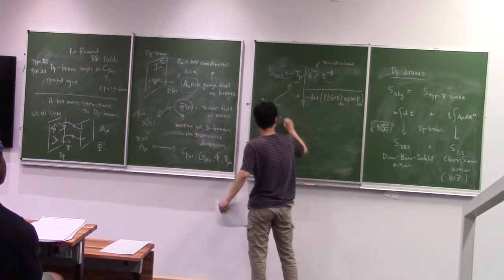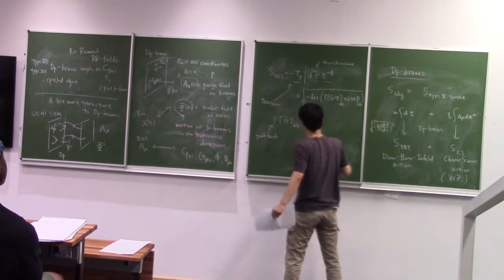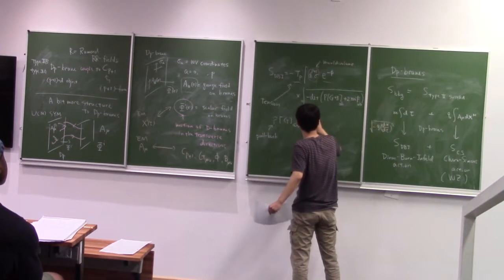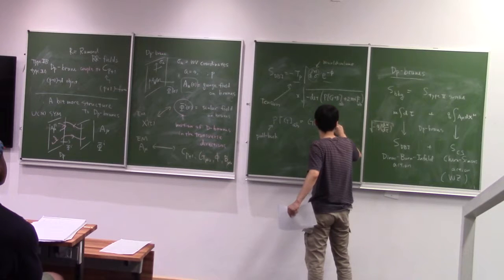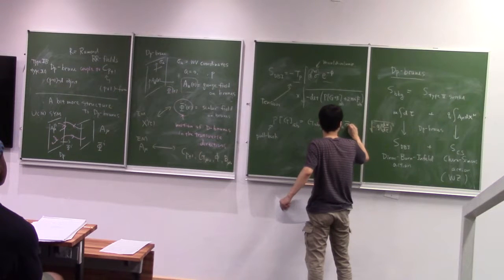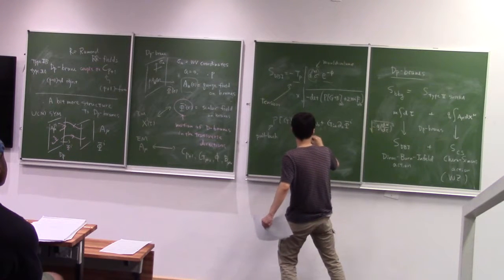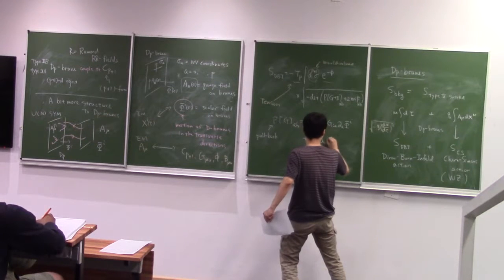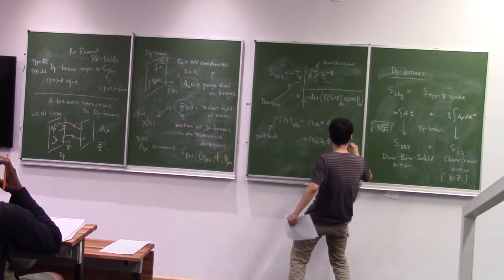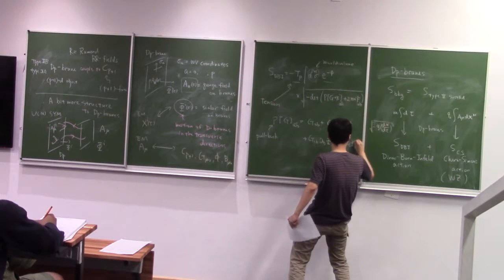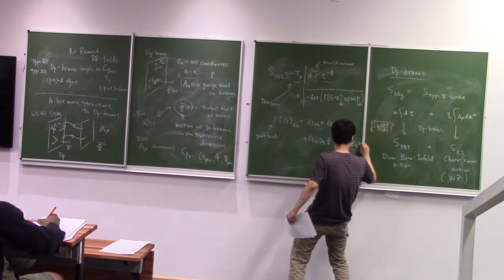So P, this is called the pullback. So this is G_AB, and G_{iA} del_A phi^i, and G_{iB} del_B phi^i plus G_{ij} del_A phi^i del_B phi^j.